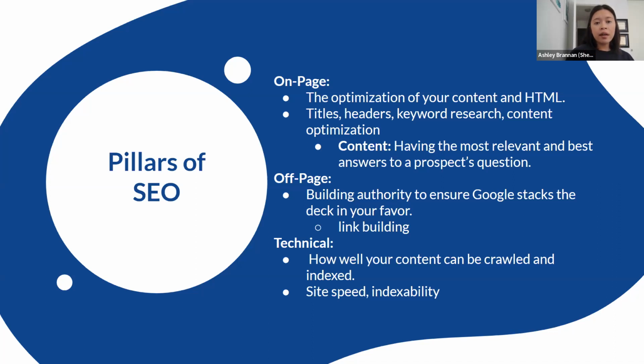The next pillar of SEO is off-page SEO. And this relates to being seen as an authoritative figure on the internet. And Google is constantly searching through content to provide its users with the most high quality and trustworthy content as possible.